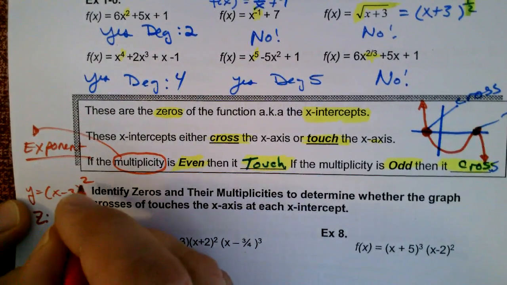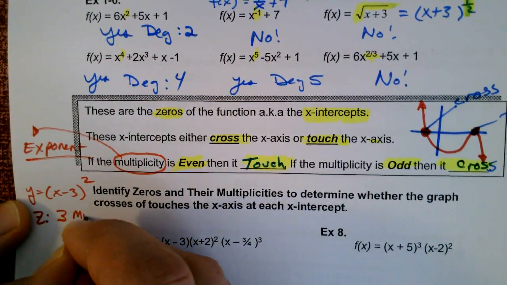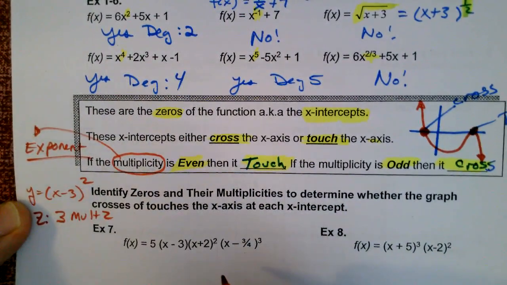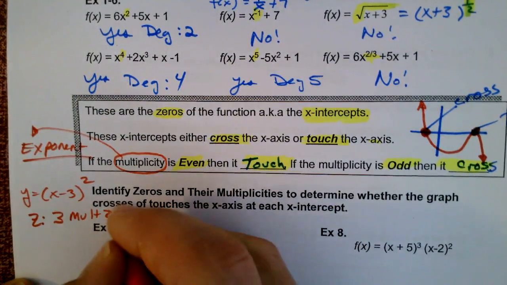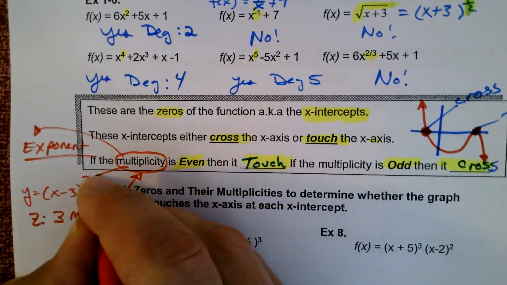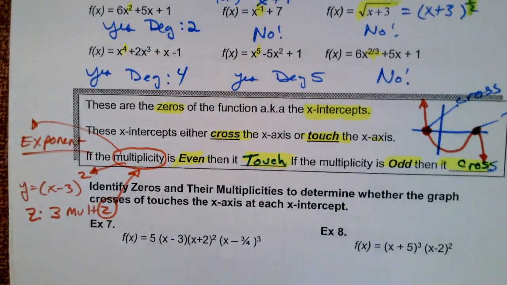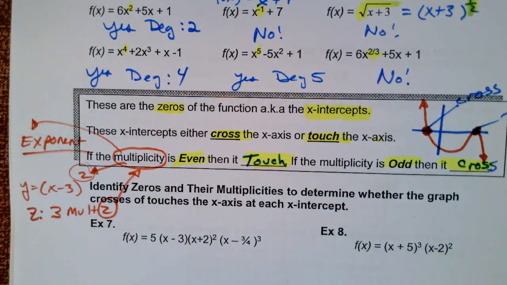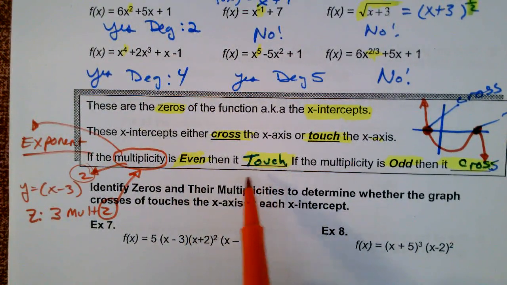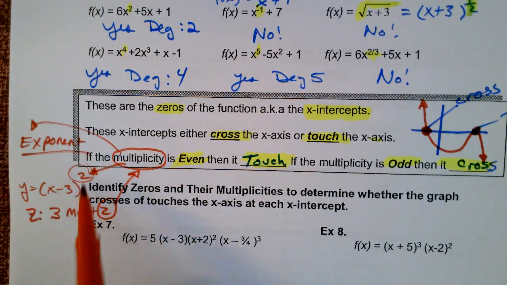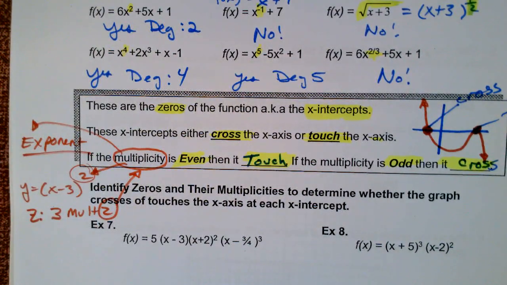Multiplicity is its exponent. So I have a quantity squared, so I would say multiplicity of 2. Okay? So that's what multiplicity is. It's its exponent. It's this guy right here. All right? Well, if that number is an even number, then it's a touch. And if that exponent is an odd number, it crosses.